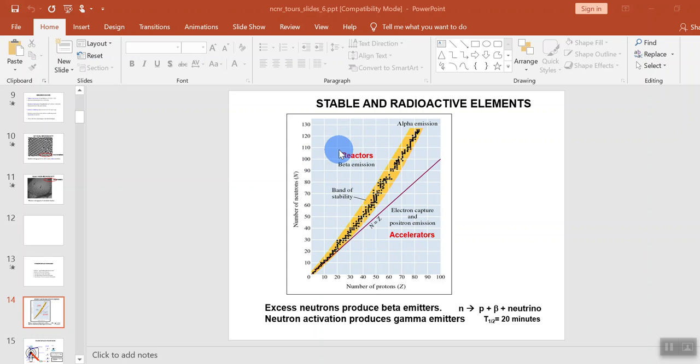This is where radioisotopes are produced in reactors, and this is where radioisotopes are produced in accelerators. These are beta emitters, and these are positron emitters. And we'll see about beta. Those are electrons, and positrons are like electrons but with positive charge.